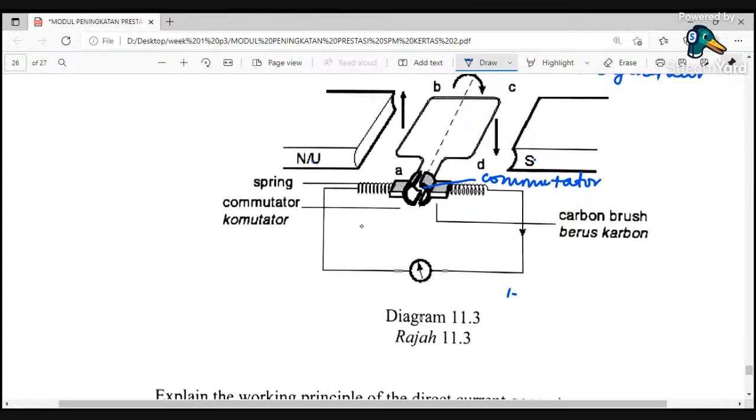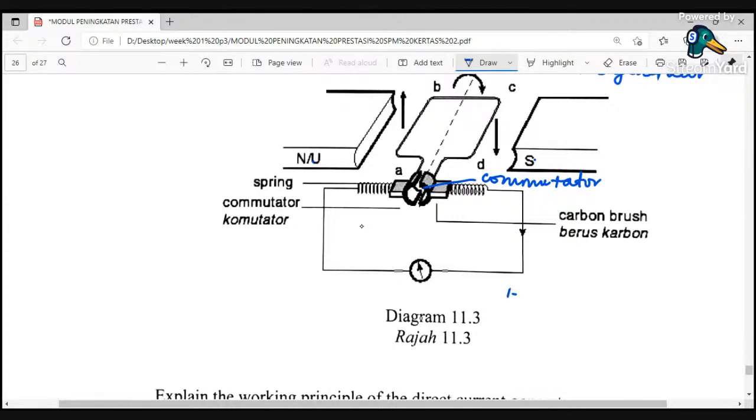When the coil is continued to rotate in a clockwise direction, direction in the coil will be reversed every half cycle. Okay, maksudnya dia punya ABCD akan jadi BCDA lah. Okay, when reversed every half cycle, but direction of current in the coil remains in the same direction.